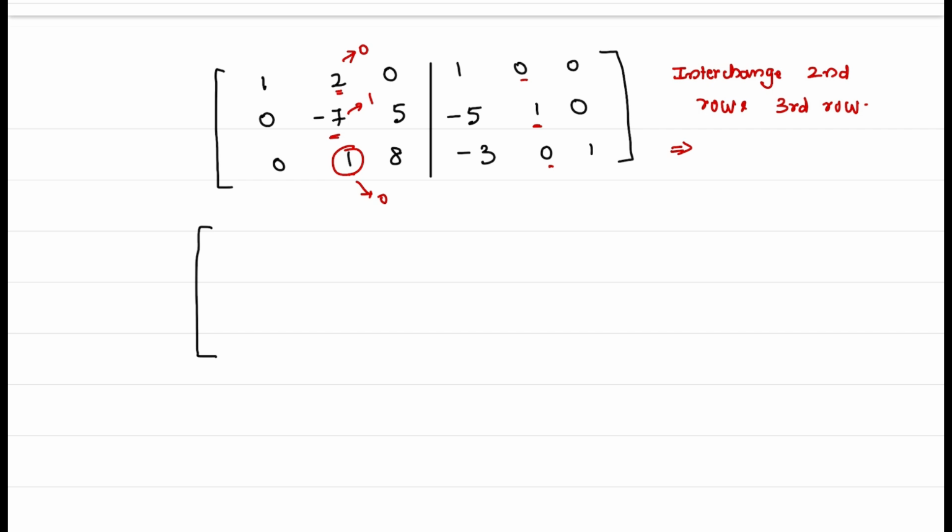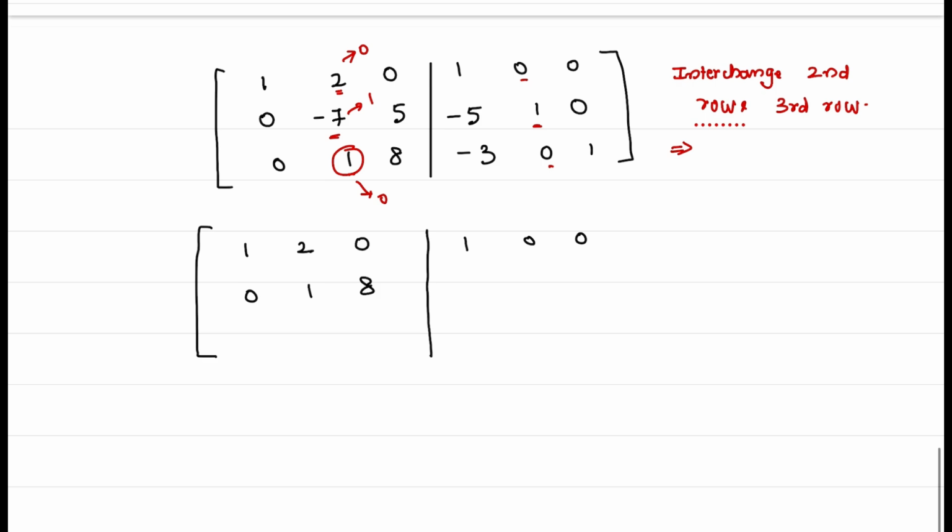You just see what happens. 1, 2, 0. I am not disturbing the first row in the augmented part either: 1, 0, 0. This I am not at all disturbing. What I have done: 0, 1, 8, whatever is in the third row, I am shifting to the second row, because my basic structure is not changing. 0, 1, 8.